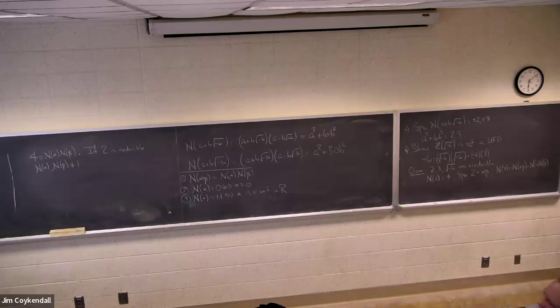How can I factor 4? Well, I could have the norm of alpha 1 and the norm of beta 4, but that didn't work because I'm not level 1. I could have the norm of alpha be 4 and the norm of beta equal 1. That didn't work either. What's my only other choice?